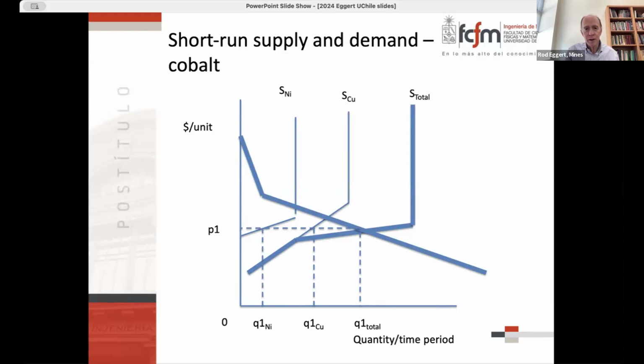And in turn, that price, P1 in this case, will determine how much cobalt is supplied from nickel mines and how much is supplied from copper mines. Okay?